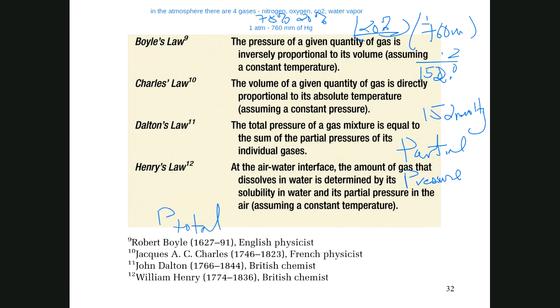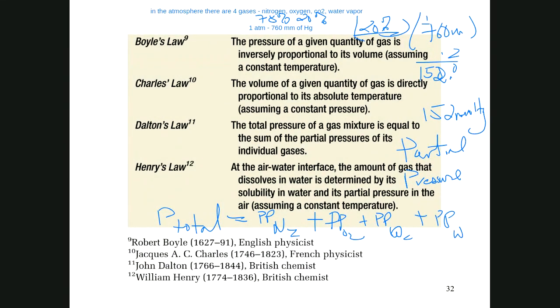760, is equal to the partial pressure contributed by nitrogen gas, which is the percentage of 78 in the atmosphere, plus the partial pressure of oxygen, plus the partial pressure of CO2 and the partial pressure of water vapor.